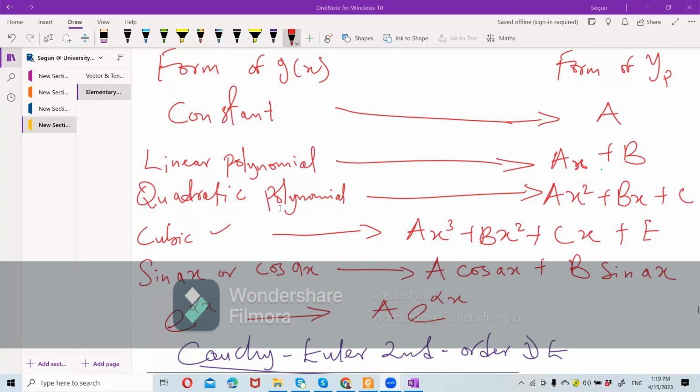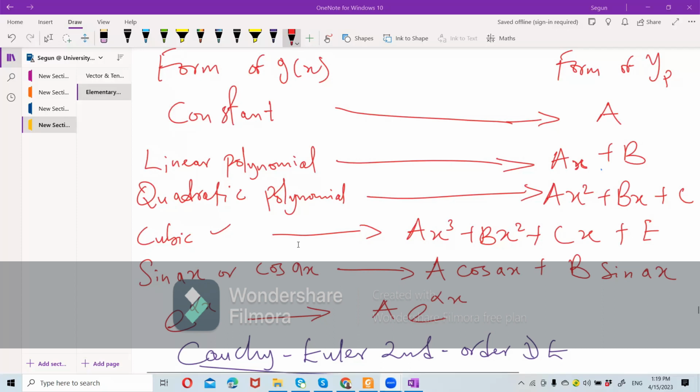When g of x is quadratic, the one we just finished, you can use the same method for polynomial, and the same for cubic. If you have a question with power 3, that is cubic, you can use it to solve it. But the one we want to solve now is when g of x is a trig function, and exponential. How do we handle it?